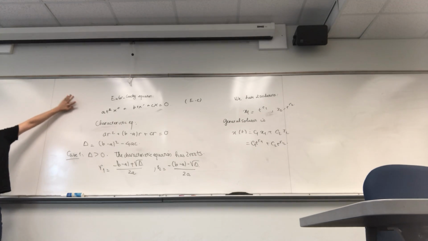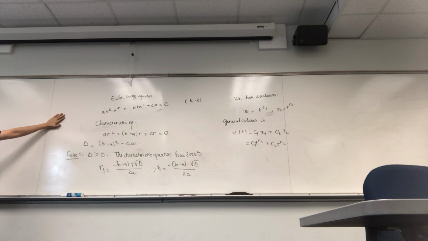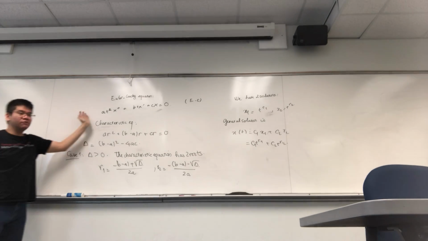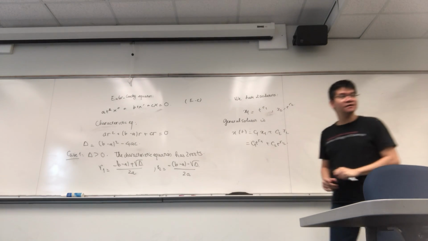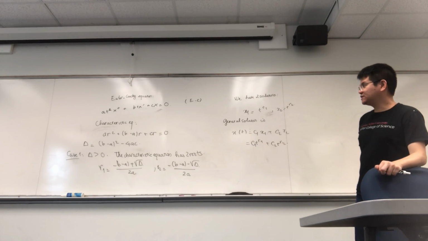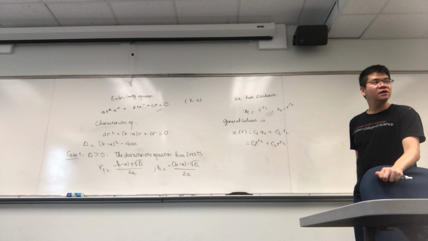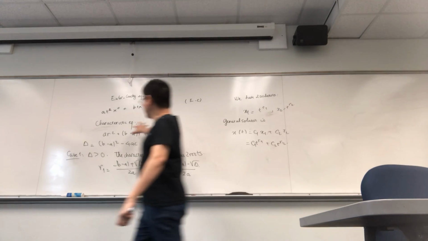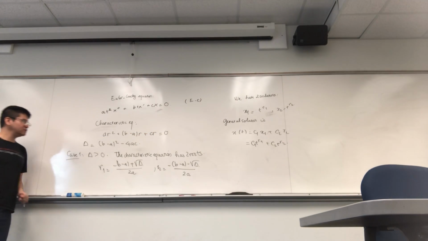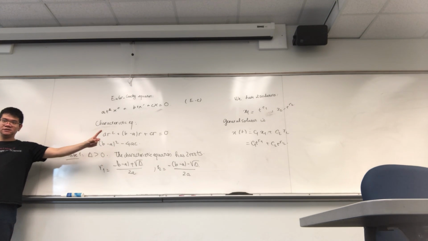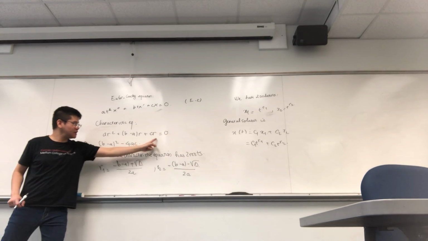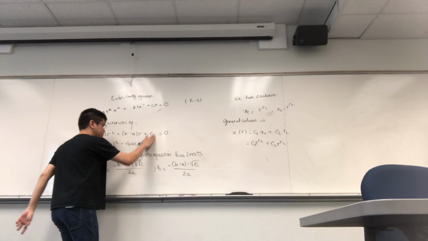So I explain again. The first case is the easiest case. You have the Euler-Cauchy equation: a t squared x double prime plus b t x prime plus c x is 0. This equation has a characteristic equation that we derived before: a r squared plus (b minus a) r plus c is 0.